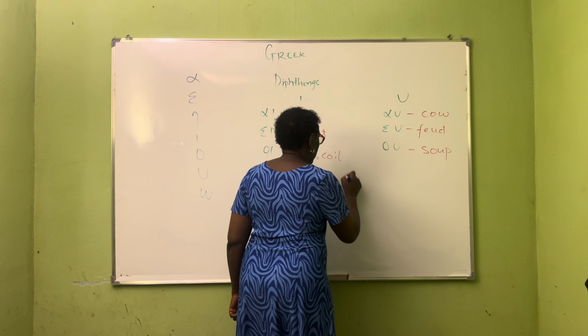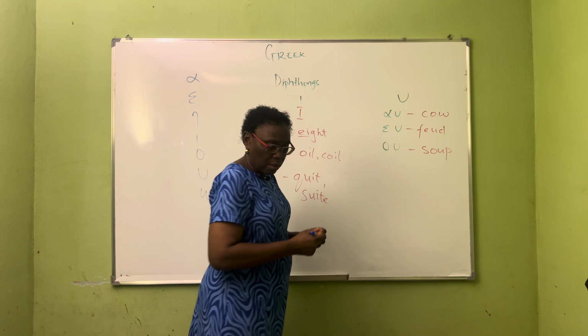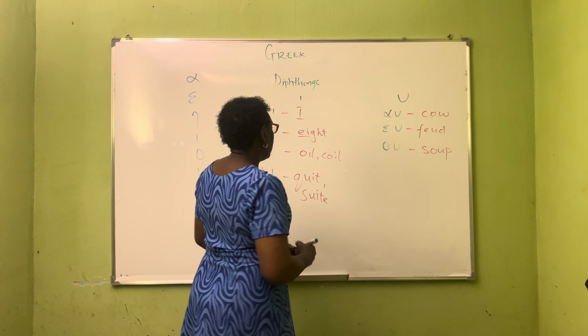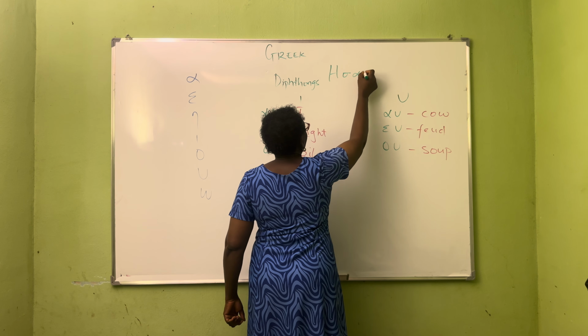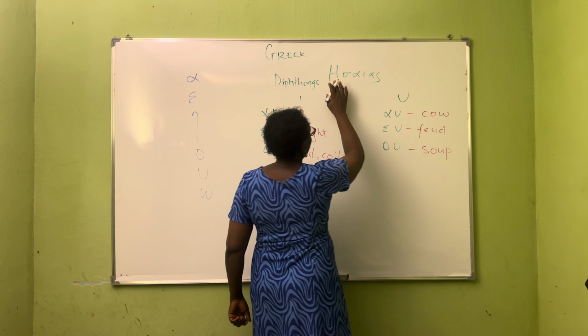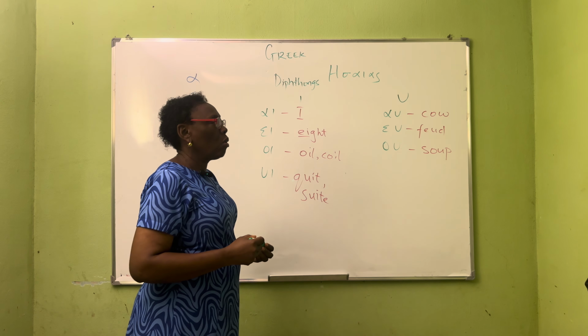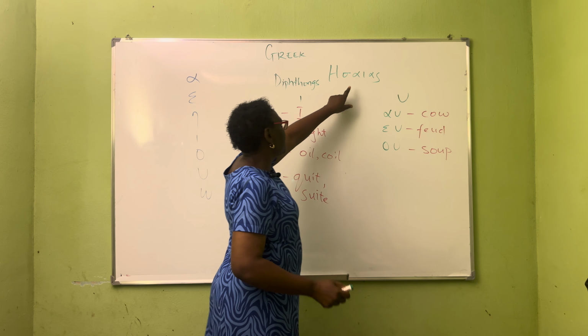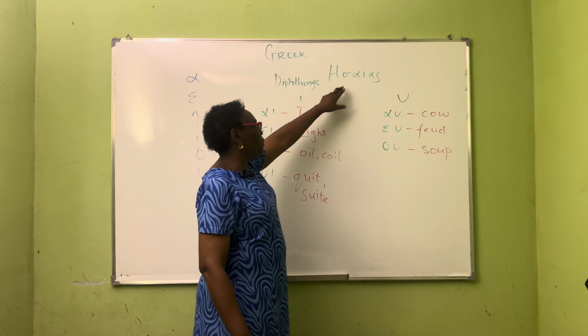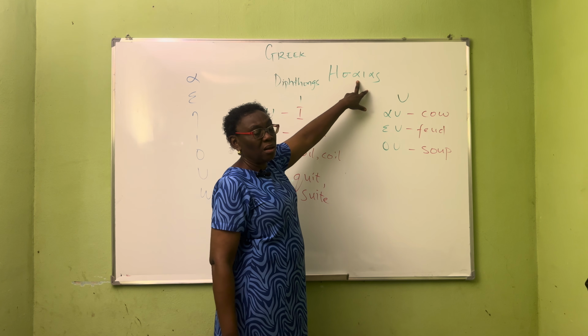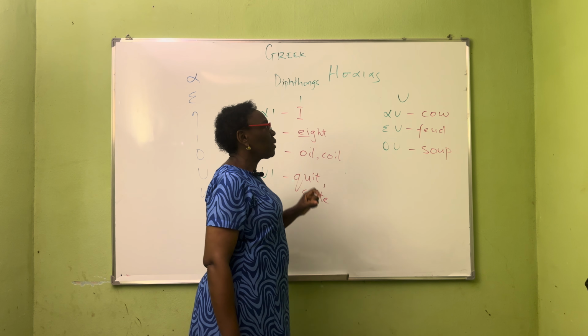Let me put it this way. Let me have it brighter. There's a name, let me call it, don't forget this, our capital letter for eta. You can see alpha iota, alpha iota. So this potentially could be a diphthong.